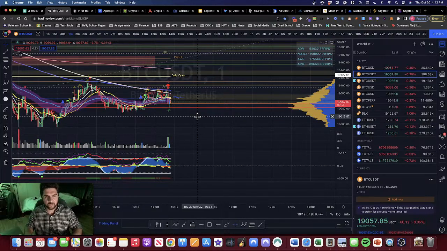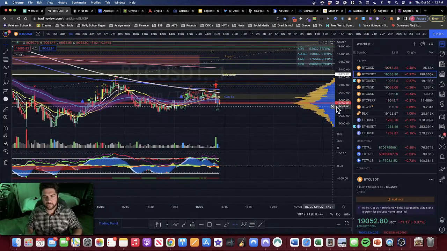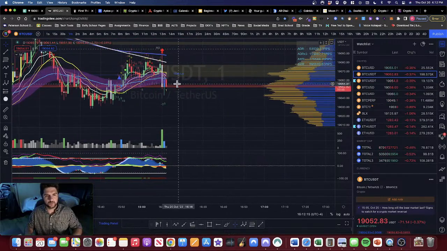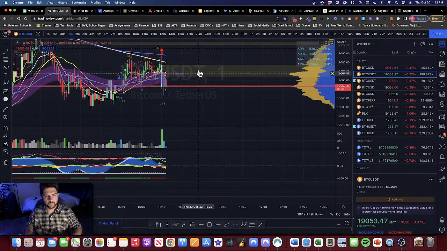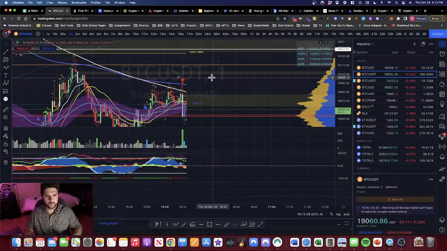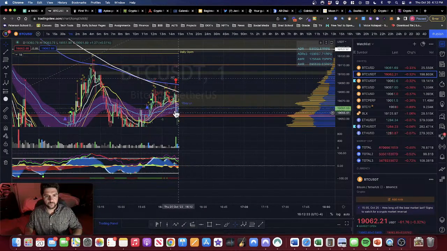Is it stopping volume or is he pushing price up? That's the question. We're going to find out. I probably could set my stop literally at 19,100, but let's see. Big volume. Blue stopping volume. He's faking people out.